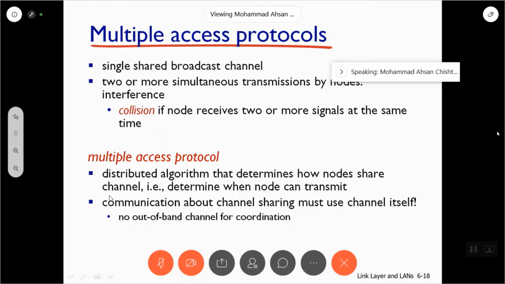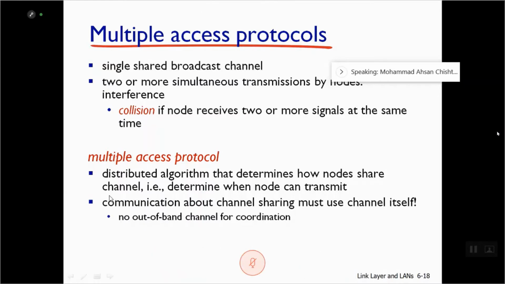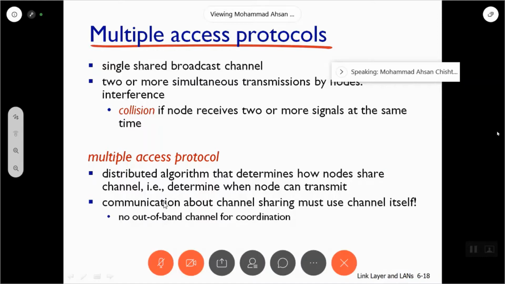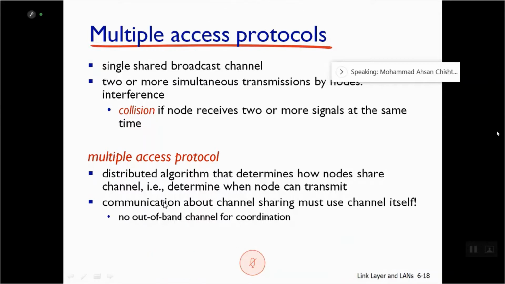Likewise, in computer networks also we have protocols known as multiple access protocols. Now, we are discussing nodes that are capable of transmitting frames, that are connected to the same broadcast link, and that can receive the frames at the same time.